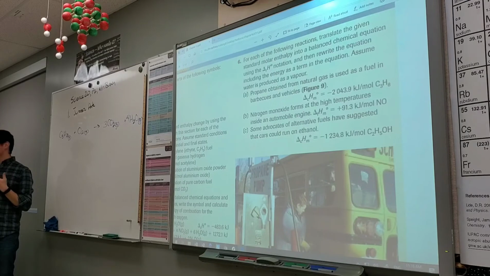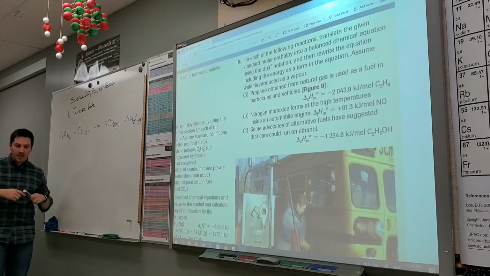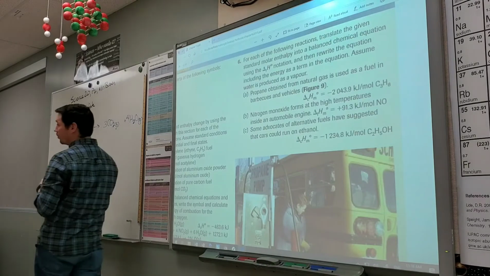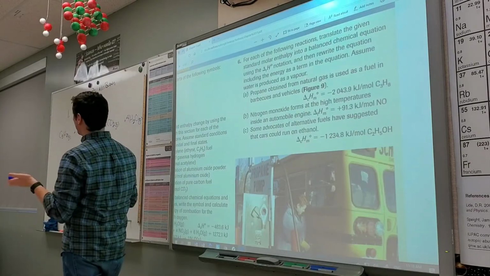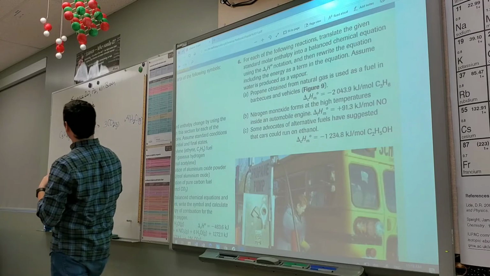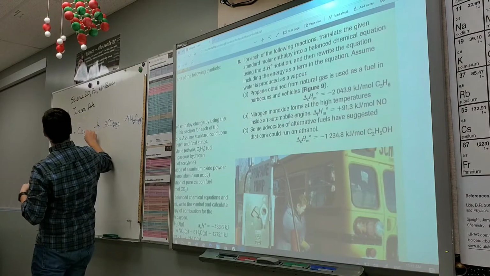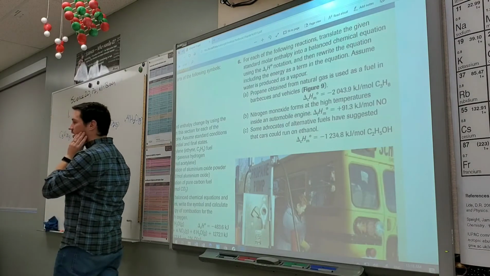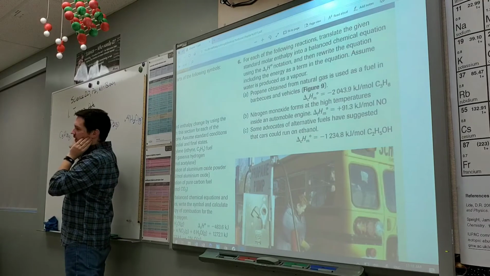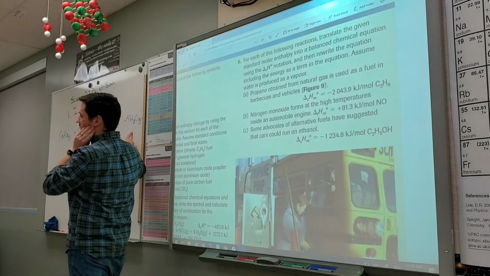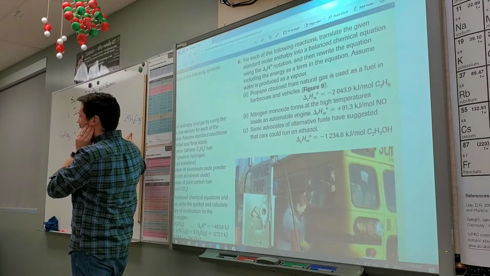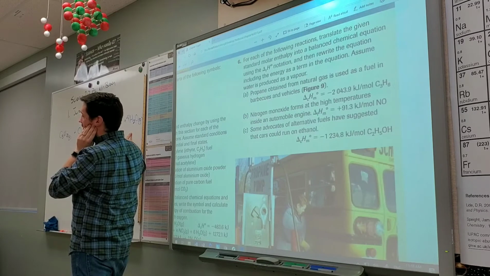Have we balanced combustion reactions before? Chem 20. It's been a while. CHO, right? Remember we're always balancing left side versus right side. So how many oxygens are on the left side right now? 2, and how many oxygens are on the right side? I see 10.